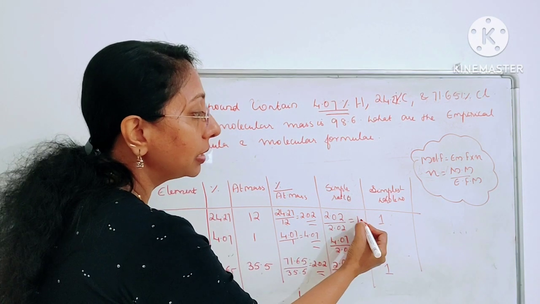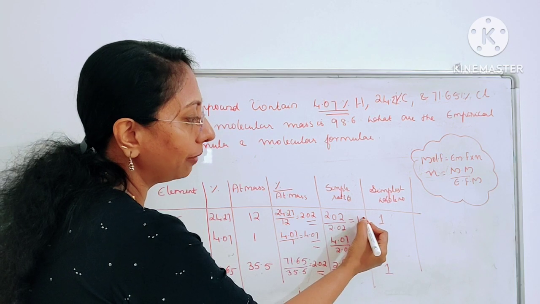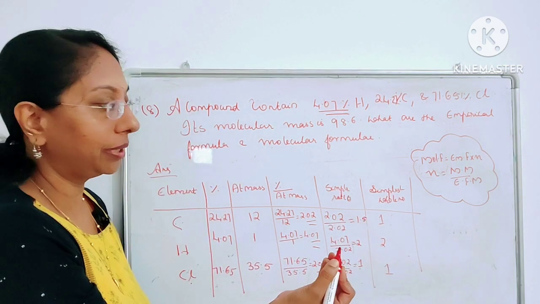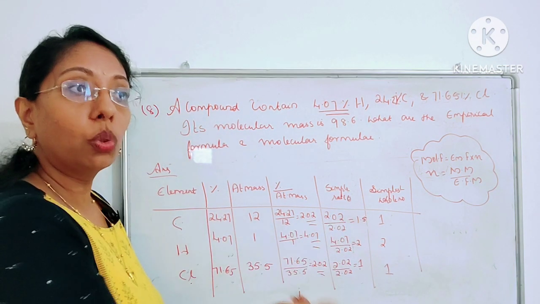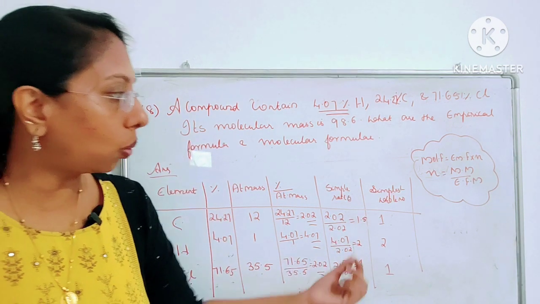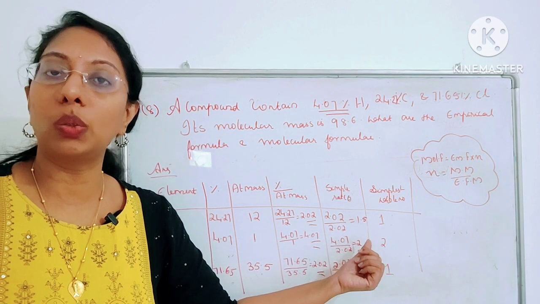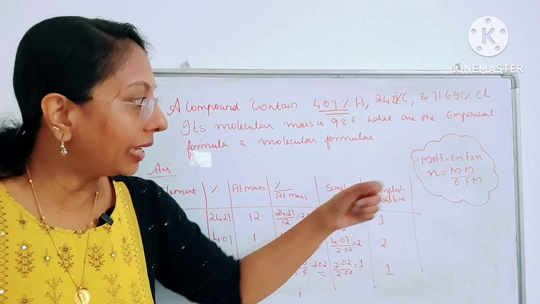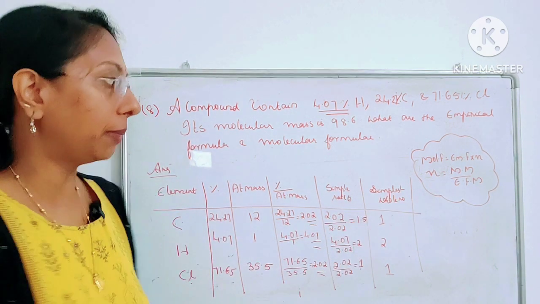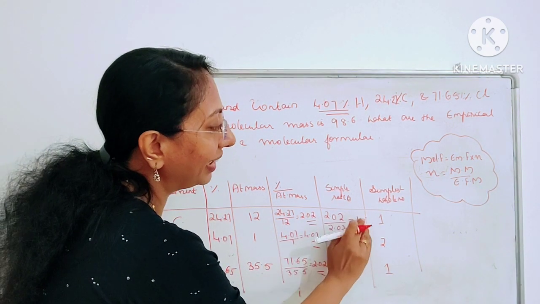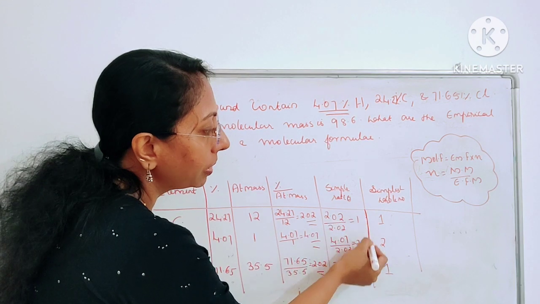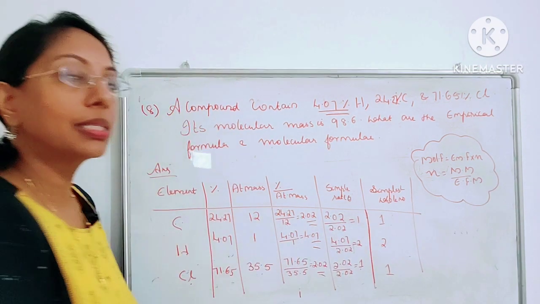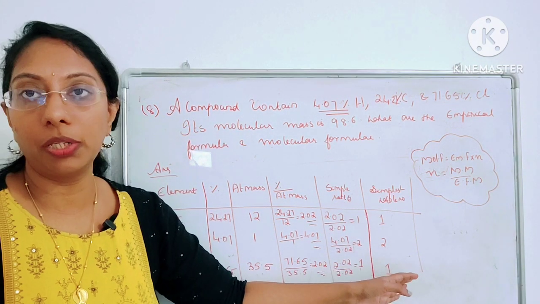Sometimes if we divide like this, we will get 1.5 or something like that. At that time, we have to convert them into whole numbers just by multiplying by a number. That's why I wrote the column for simplest whole number ratio. Here we don't get any decimal value, so we can copy the same numbers as the simplest whole number ratio.